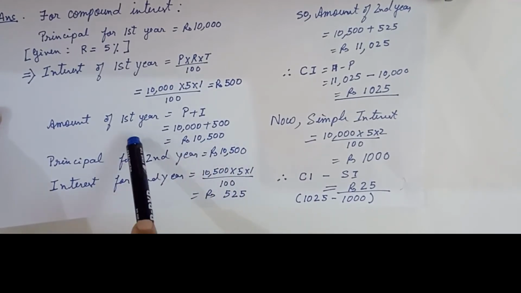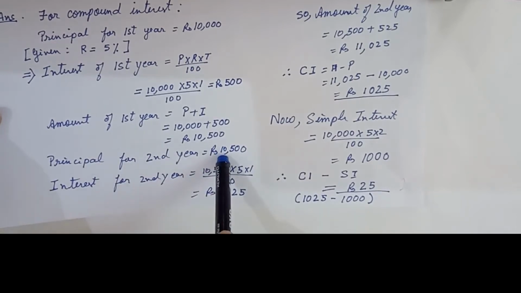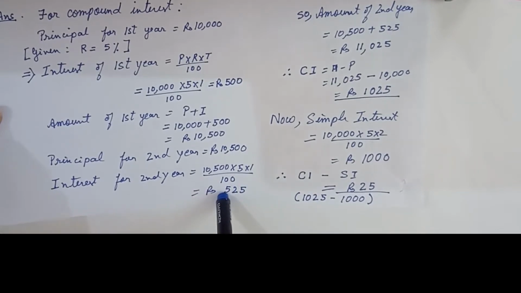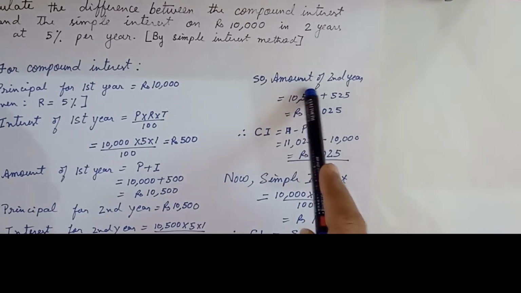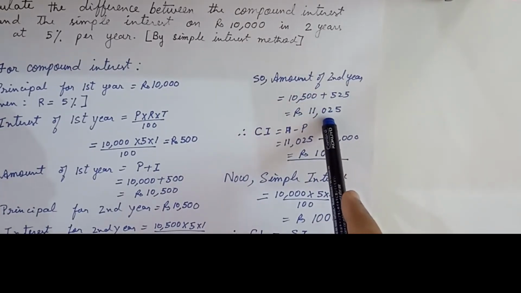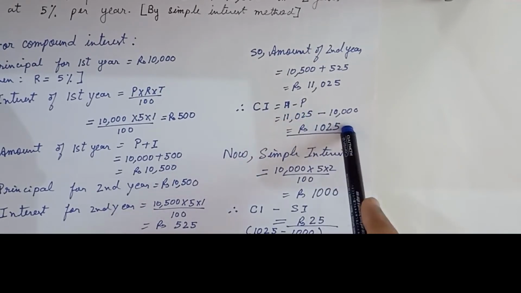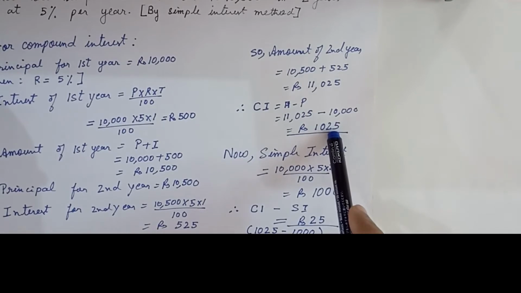This amount at the end of first year becomes the principal for the second year. Again, the interest is calculated by PRT by 100. This gets added to the principal to get the amount at the end of second year. So finally, the compound interest will be amount minus principal, and it is 1025.